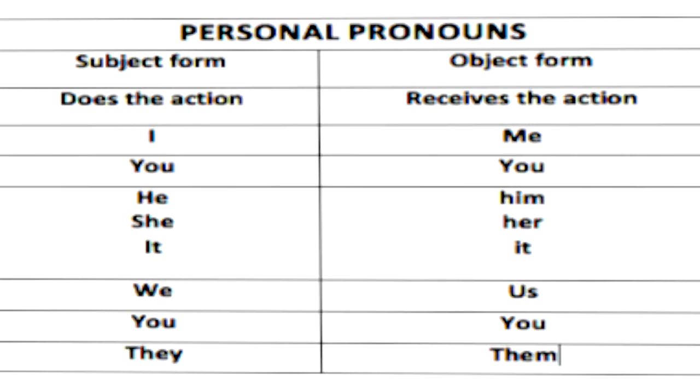First is the personal pronoun that serves as the subject of a sentence because it mostly does the action, also known as the subject pronouns, as shown in the first column of the table, such as I, you, he, she, it, we, you and they.